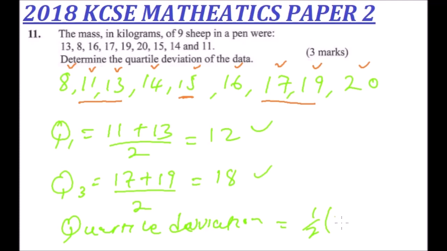We have 18 minus 12, and that should give you 6. 6 times a half will give you 3. So that is the quartile deviation of this data, and you earn yourself 3 marks.